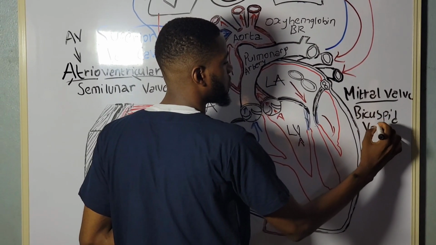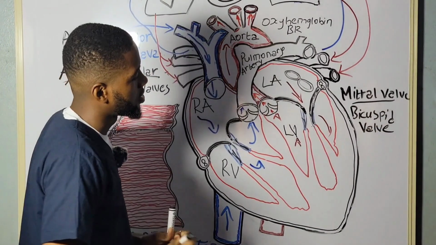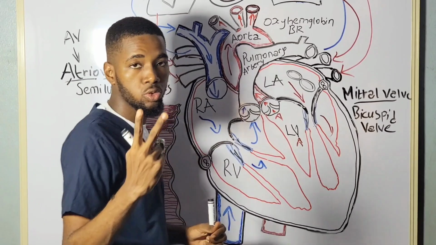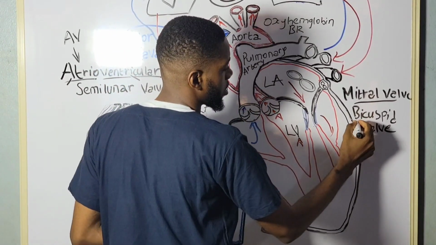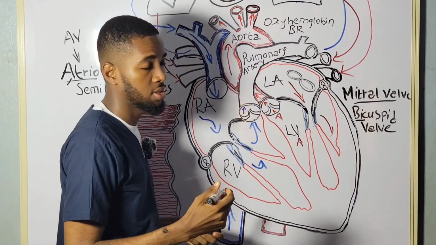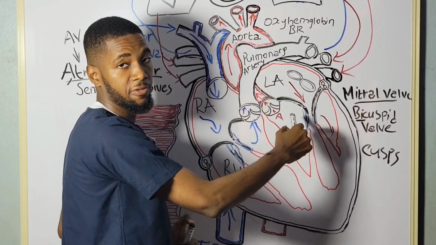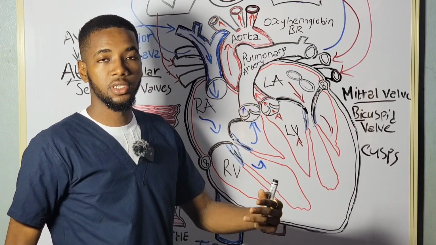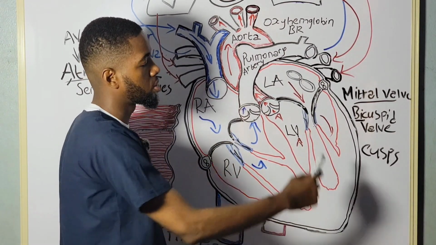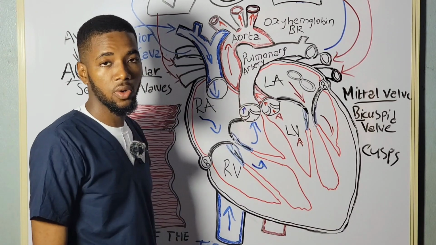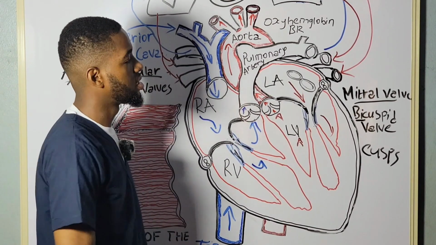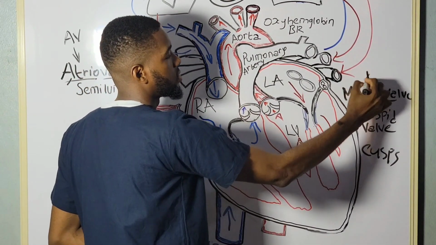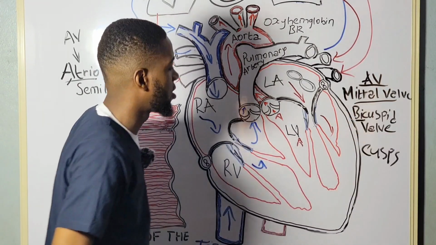From the name, bicuspid means it has 2 cusps. So the valve between the left atrium and the left ventricle is called the mitral or bicuspid valve. This is one of the atrioventricular valves.